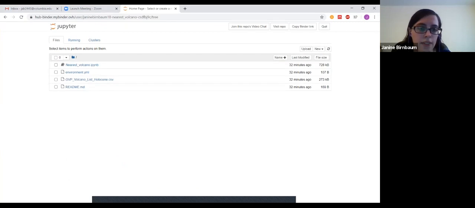If you can see here, if you follow that link, it will take you here, and I definitely encourage you to do that. This is what we call a Jupyter notebook. This is something that a lot of scientists might use to perform analyses on data or to visualize data, so to plot it and look at what it looks like. And there's a couple different files in here. We're going to click on this top one called nearest volcano.